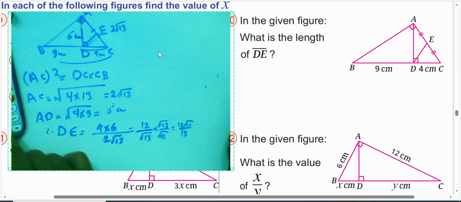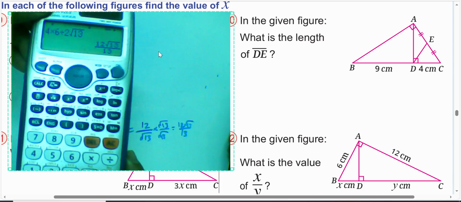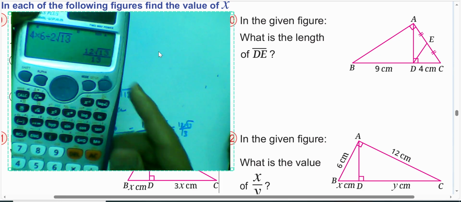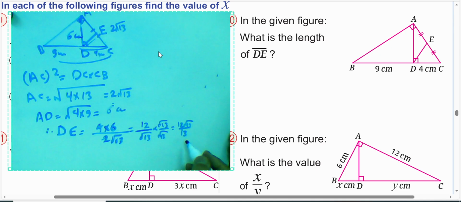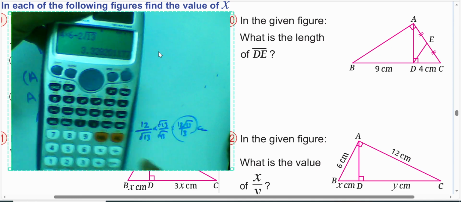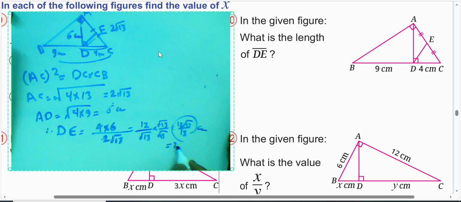You can use a calculator to write the answer. 12 root 13 over 13 centimeter. You can write the answer as 3.3 centimeter. It's the length of DE. Okay.